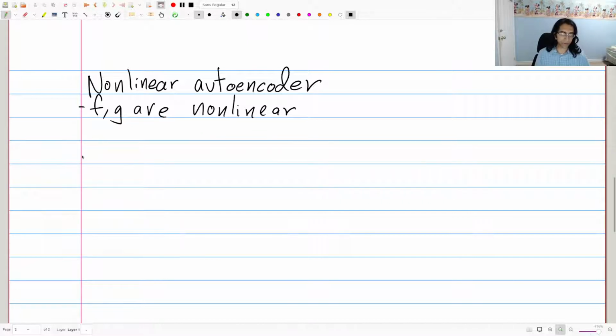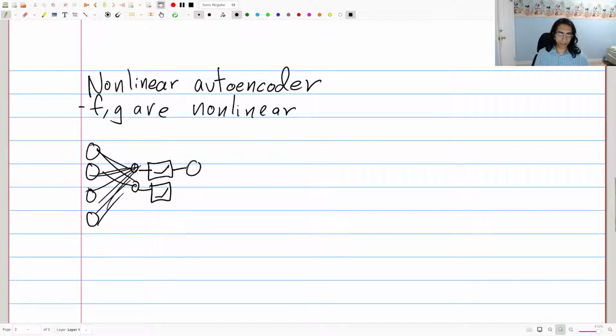And the picture, okay, I'll draw it again, but say it'll look something like, keep it simple. Something like this, but then I'm just going to explicitly draw the nonlinearities this time. I probably won't in the future. Say something like this, and then we decode.